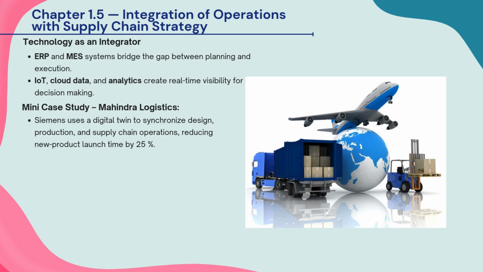A strong illustration comes from Siemens, where the use of a digital twin synchronizes design, manufacturing, and supply chain operations, cutting new product launch time by nearly 25% and demonstrating how digital integration accelerates performance.